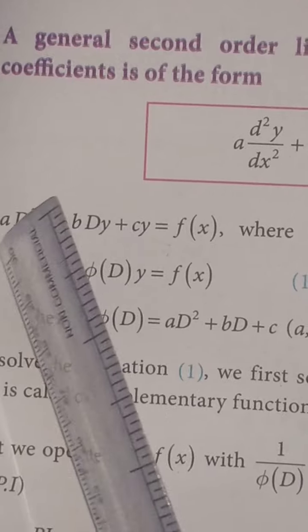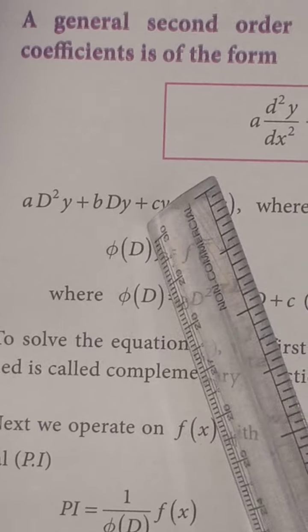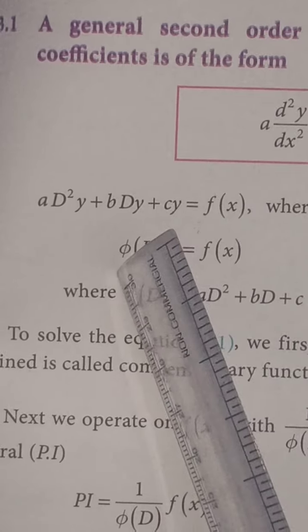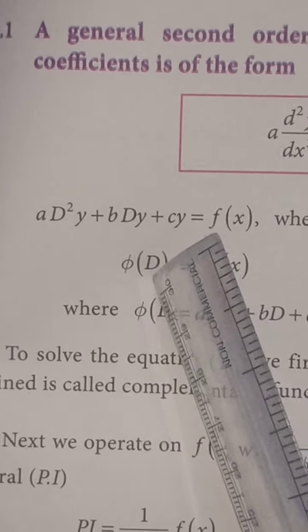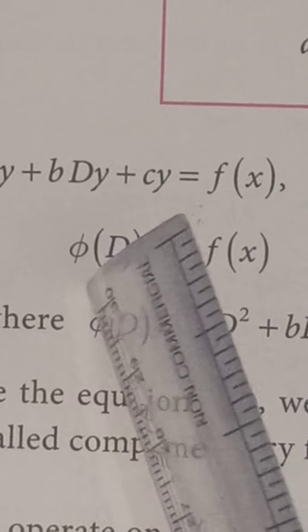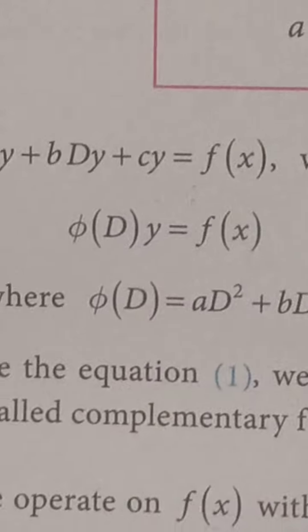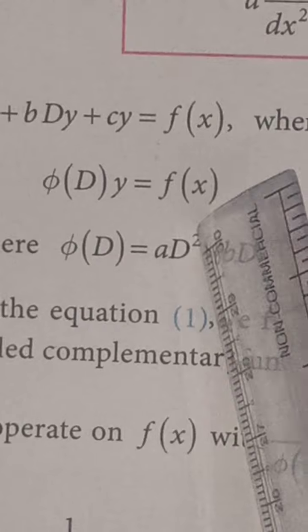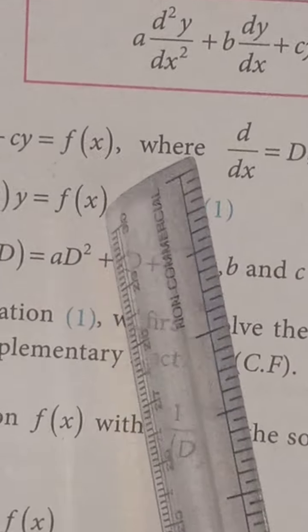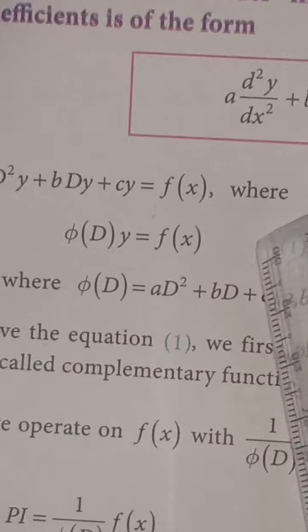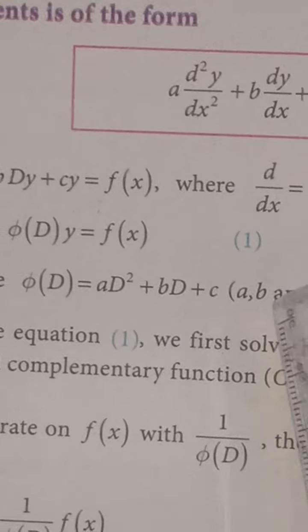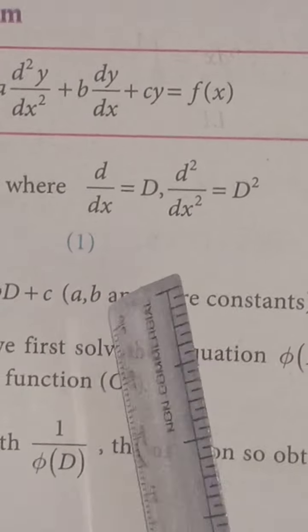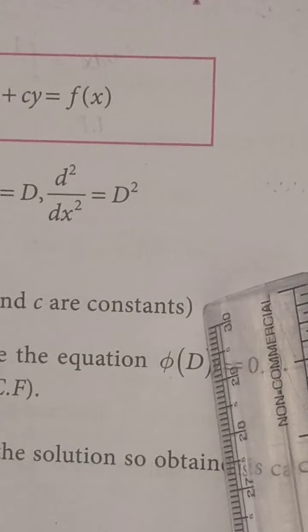So you will get a D squared plus b D plus c, which can be written as psi of D, or you can say phi of D, equal to a function of x. The right hand side is a function of x, where a, b, and c are constants.